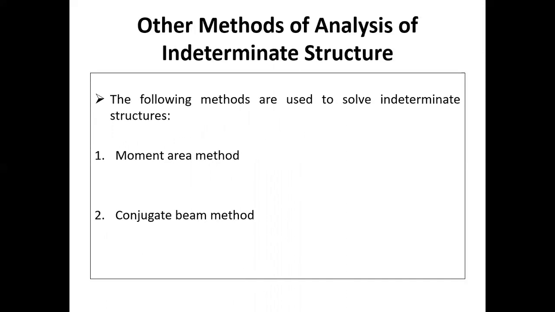Now there are some other methods of analysis of indeterminate structures, that is the moment area method and the conjugate beam method. We discussed both methods in a very descriptive manner in Structural Analysis one.